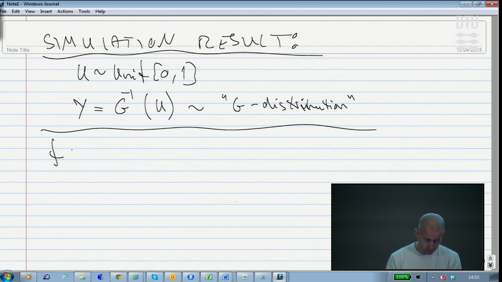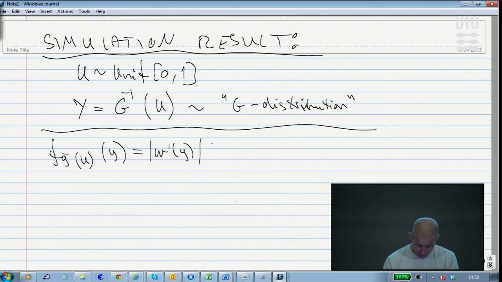That general transformation rule expressed on densities would look the following. The density of the inverse of U applied in y would be, as it was expressed back then, the derivative of some w function of y, absolute value, and then the density of U applied to this same w of y function.